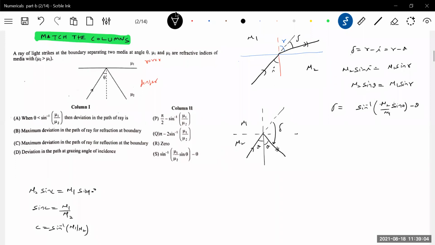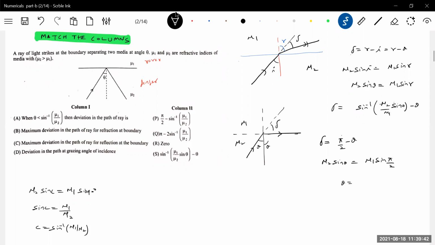For refraction at the boundary, oh sorry, option B, the refraction condition is put, not reflection. I think there is a maximum deviation. So deviation in this case will be pi by 2 minus angle of incidence. What is the angle of incidence? We will calculate it here. Now in this case, mu2 sine theta equals mu1 sine pi by 2.